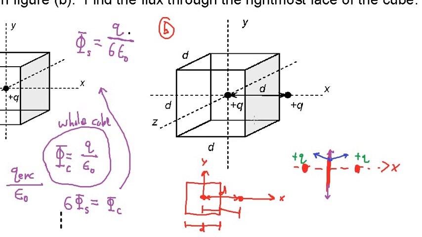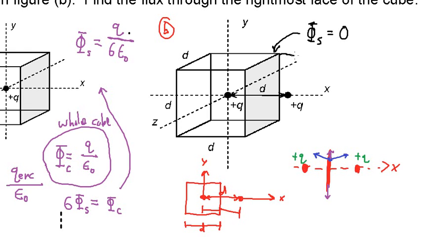Let's go with purple. Why not purple? And the net field there goes that way. If you go down here, the net field goes this way. And so you can see that the net field, due to these two, at all points on this face will be parallel to the surface. Because any component of the field that goes into or out of the surface from one of them will be canceled by the field of the other one at that point.